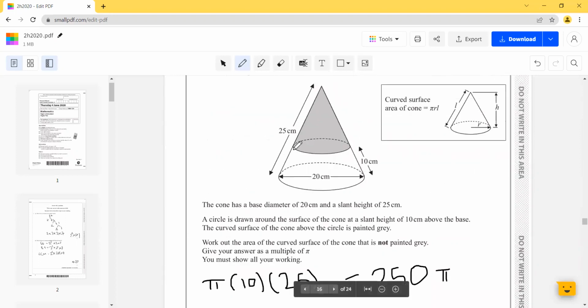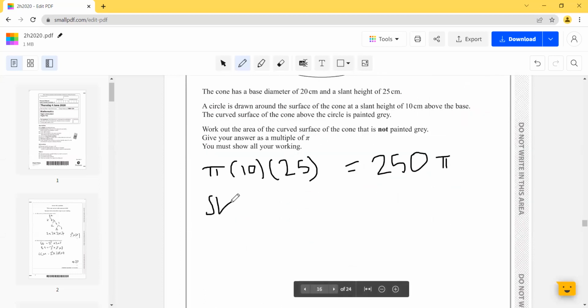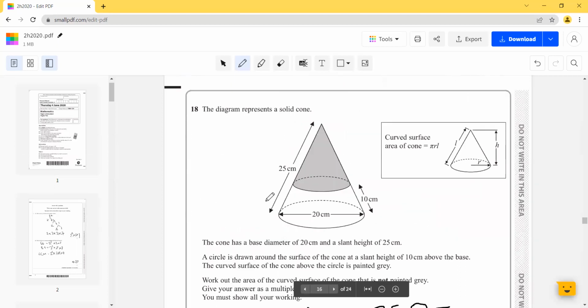And we want to figure out now what our curved surface area is of the shaded region. So shaded, and how do you calculate that? Well, again, it's just pi r L. But what is L?